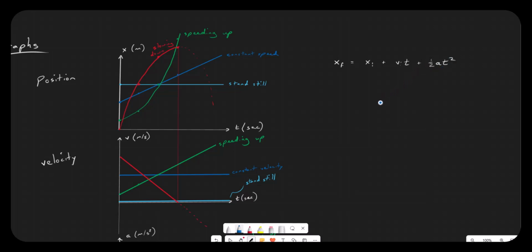What I want to do is look at the highest exponent of t remaining in my position function. So let's do that first one first. If I've got this, so this is a 0 acceleration constant velocity situation, the highest exponent of t is t to the first power, so it's a 1. If my position function looks like t to the first power, my velocity will look like t to the 0 power, which is a flat line.